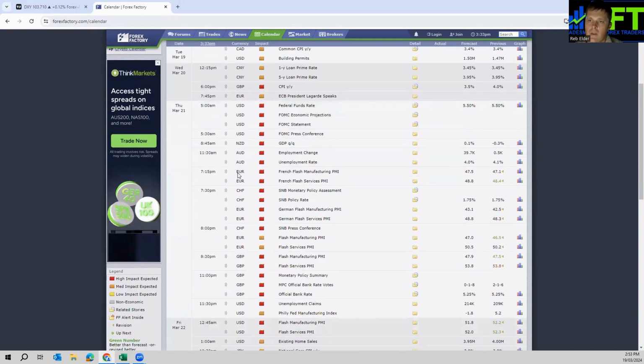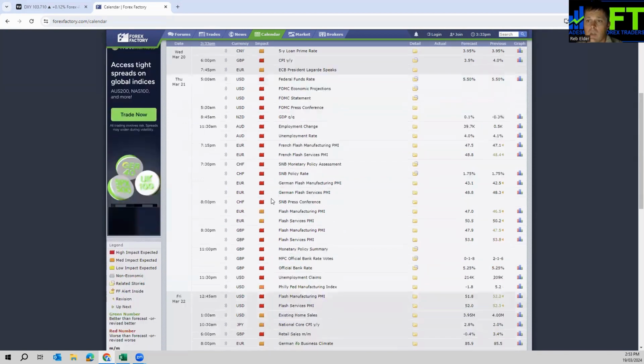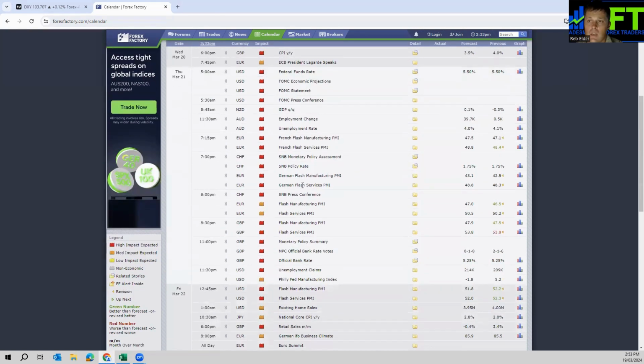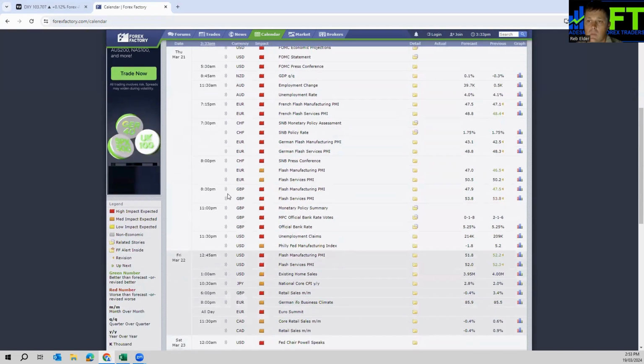We also have Euro flash manufacturing and flash services for the French, the German, same thing, and GBP, same thing coming up, as well as monetary policy and the official bank rate coming out as well, which again, they are also factoring in a pause for this month.